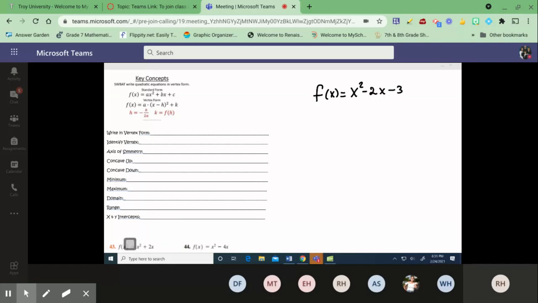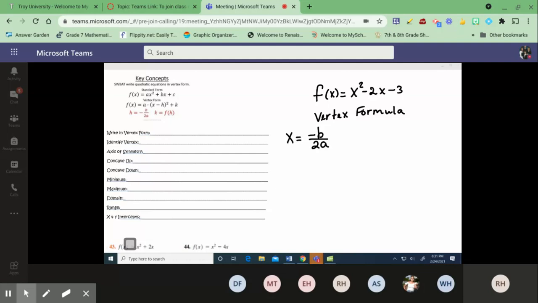Now instead of completing the square, I'm going to use what they call the vertex formula. And that's negative b over 2a. Now this is my x.